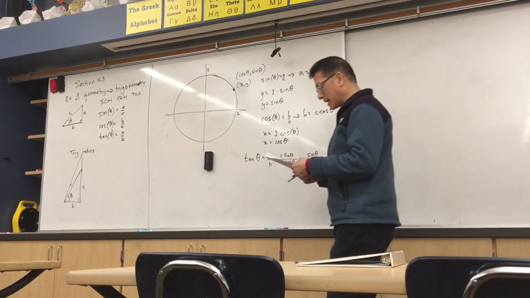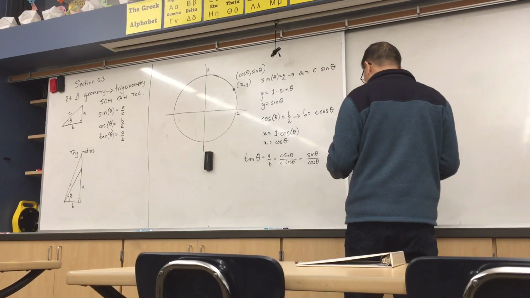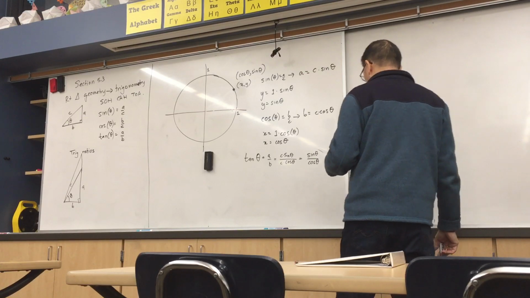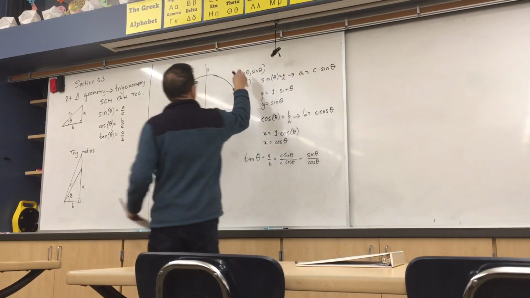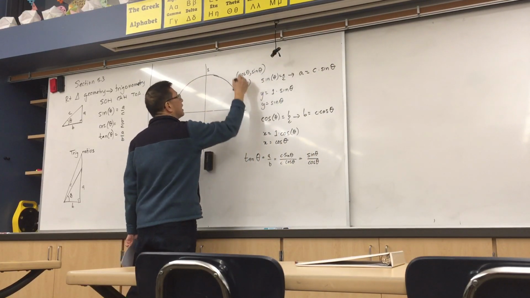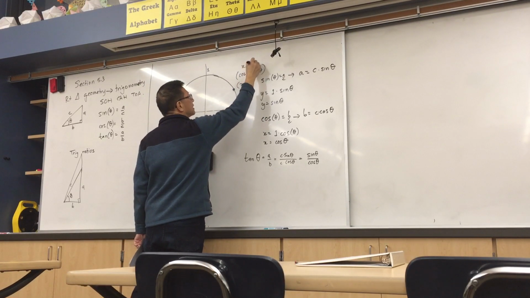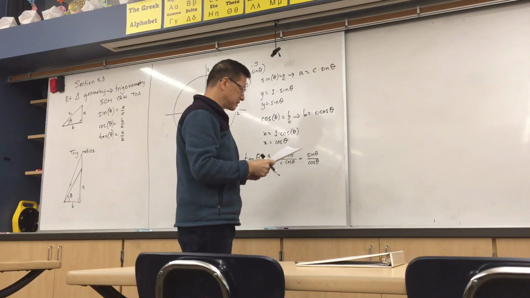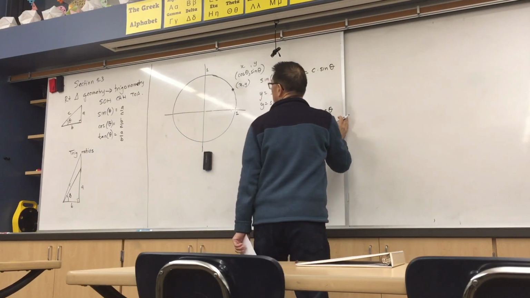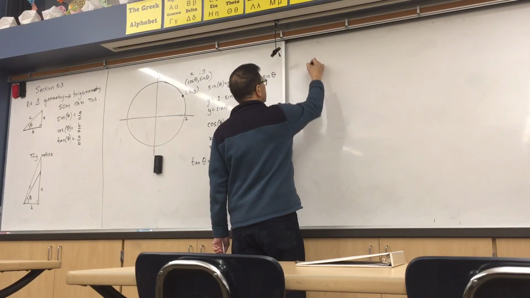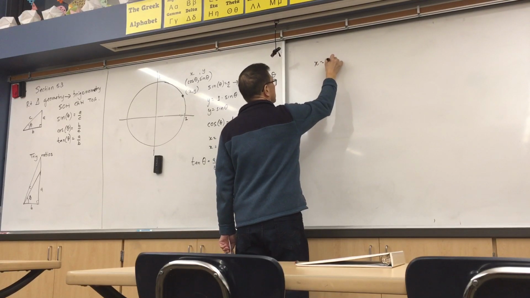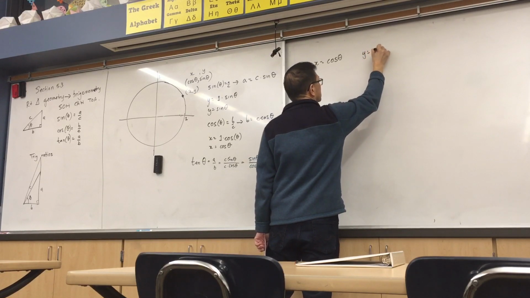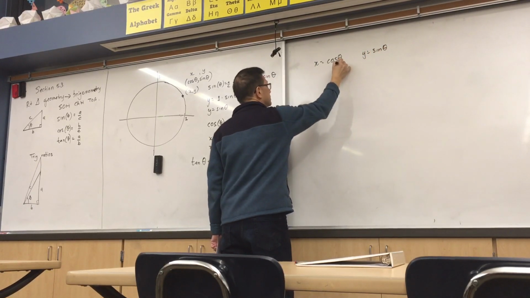So let's define this a little bit more. Cosine theta is the x coordinate, and sine theta is the y coordinate. Okay, just to be clear. And so let's talk about x is equal to cosine theta and y equal sine theta. So what is this theta?